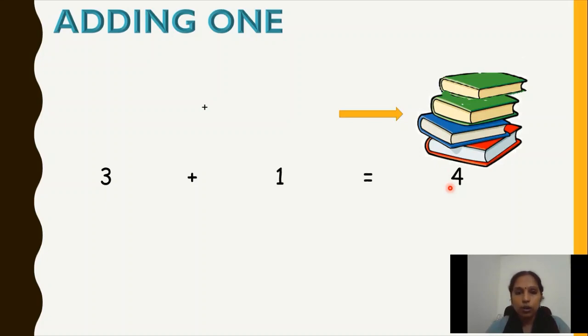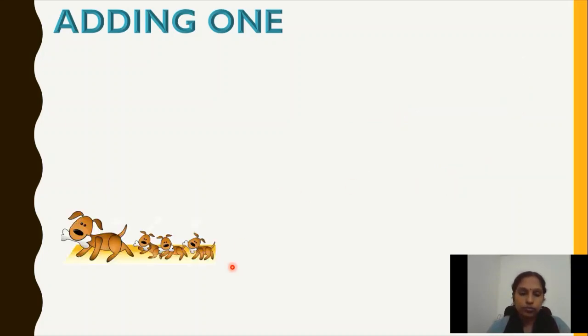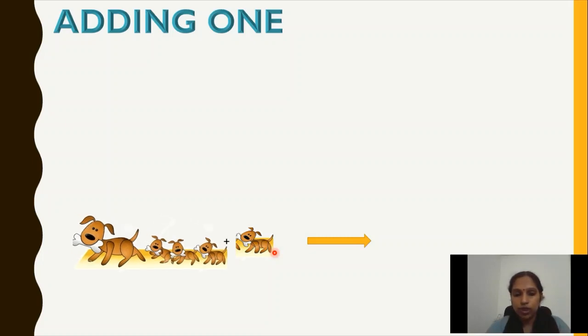Understood? You will see one more example. Here is a picture of few dogs. Can you count and tell me how many dogs are here? Correct. There are 4 dogs. Now I am going to add one more dog to it. So what is the first step in addition? Putting things together.